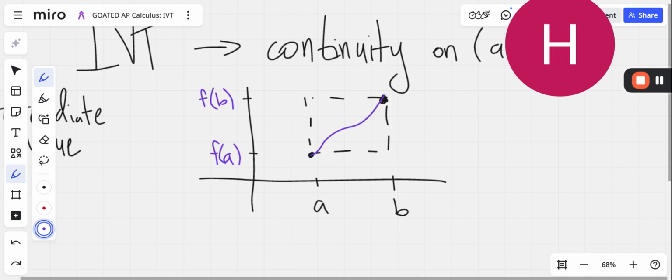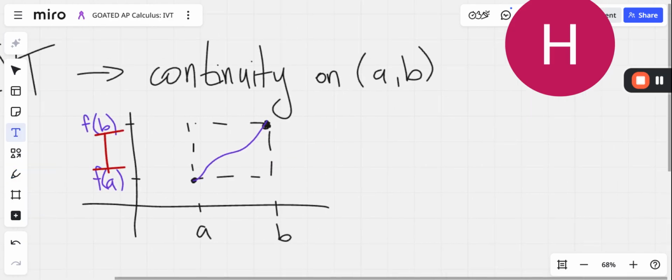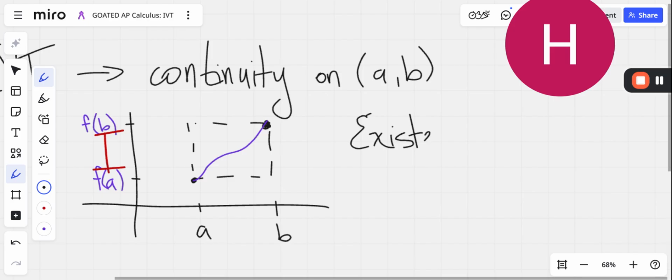Either way, we're going to have this sort of range of values from f of a to f of b, all of the intermediate values, that we can say confidently the function will reach at some point. Now I want to emphasize that this theorem is merely an existence theorem. It doesn't find us where the function hits that value. It just tells us that it does hit it somewhere on the interval.